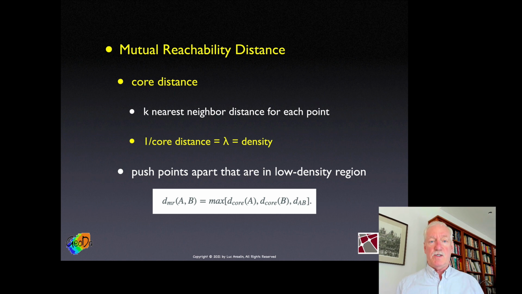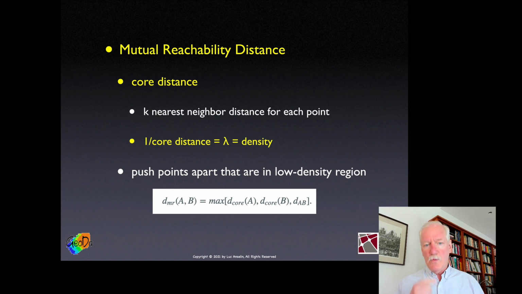So it's a distance, how far you have to go to reach that neighbor. And think about this for a second. If a point pattern is very dense, you don't have to go very far to reach the nearest neighbor. On the other hand, if the point pattern is not dense and the points are very spread out, then for the same k, you may have to go quite a bit out.